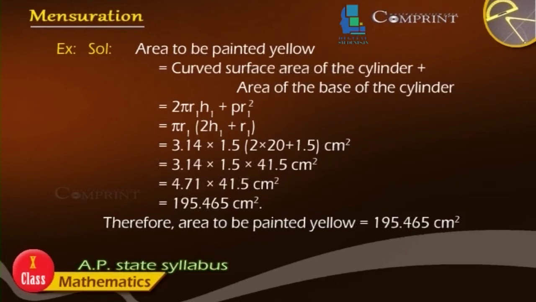Therefore, area to be painted yellow is 195.465 centimeter square.